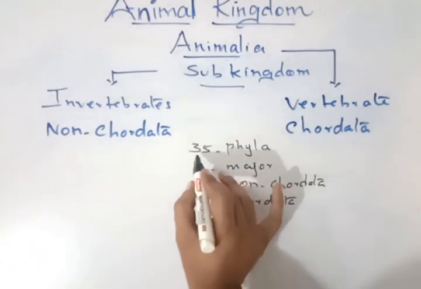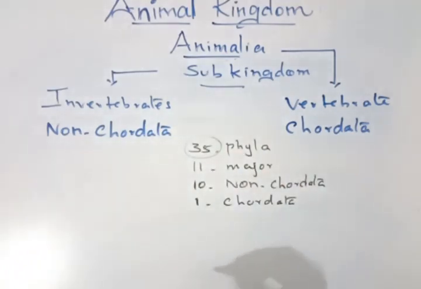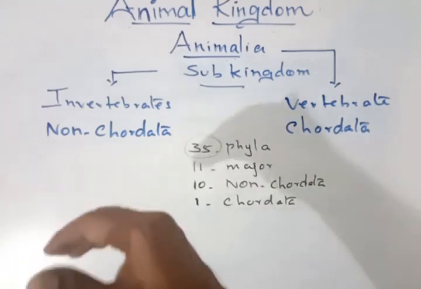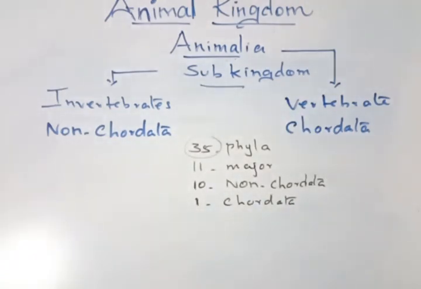Now, the important phyla that you have to understand. So totally you will have 35. Among these 35, 11 are major phyla, and among the 11, 10 belong to non-chordates and 1 belongs to the chordata. So in today's class, we will first discuss all the invertebrate phyla, and after completing all the invertebrates, that is the non-chordata, then we will take up the vertebrates, that is the chordata.